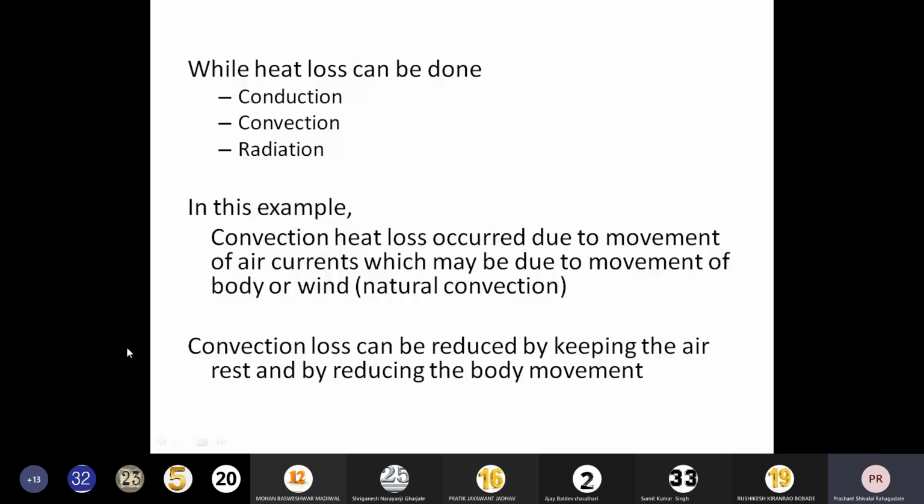Now how can we reduce or restrict this heat loss by convection? Very simple. If we are in a position to keep the air at rest, and if we reduce our body movement, then automatically you will find that you can reduce the convection loss.